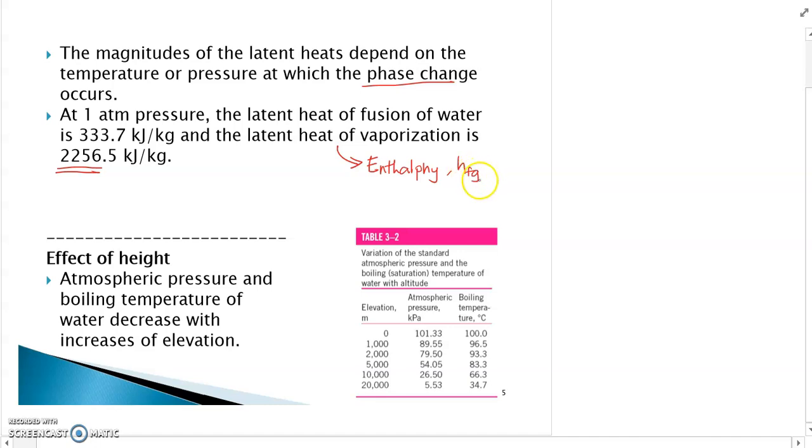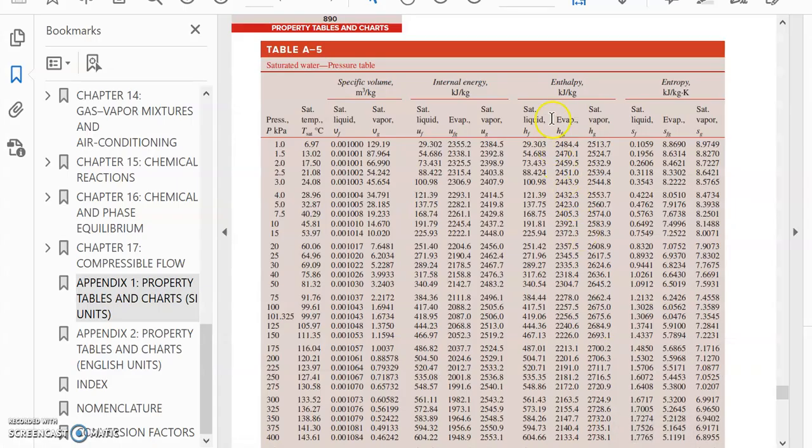F is fluid, G is gas. Okay, so it's vaporization, hfg. You go back to the table. Okay, hfg. hf is saturated liquid and hg is the vapor. So hfg is the value in between these two.